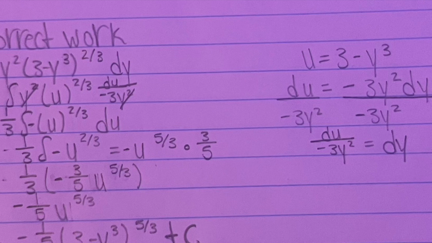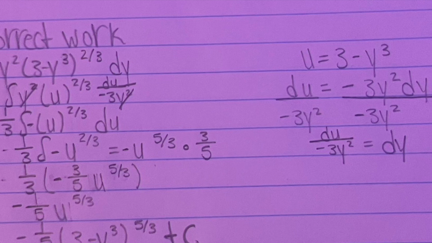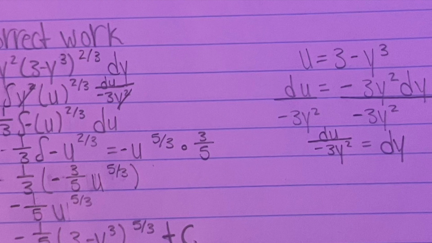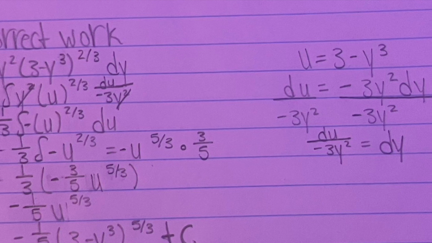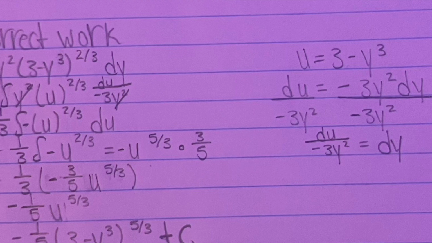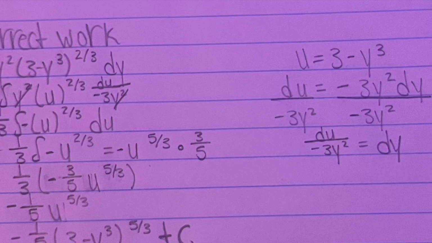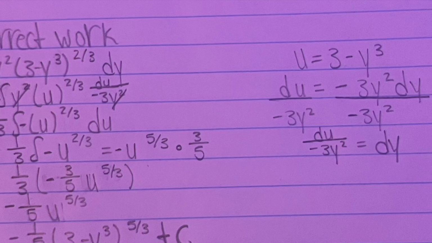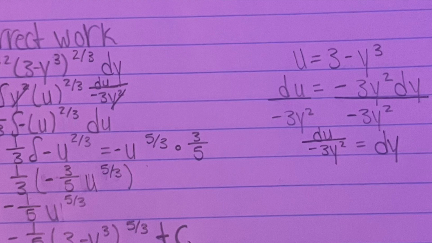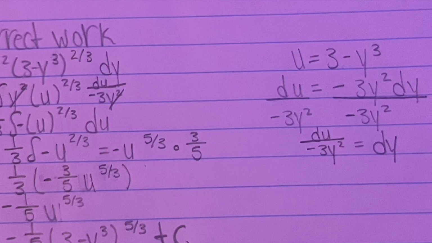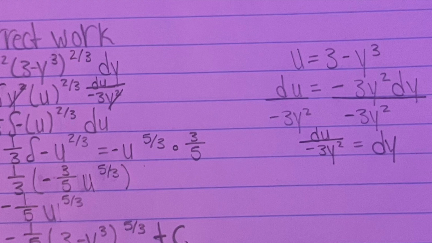So now we want to find the indefinite integral of the new equation, which will be y squared times u to the power of 2 over 3 times du divided by negative 3y squared. The y squareds will cancel each other out, leaving u to the power of 2 over 3 times du over negative 3.